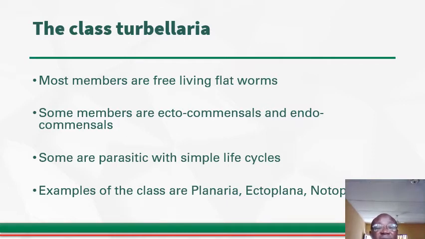Commensalism is a type of association between two organisms where no one is losing, and one may be benefiting from the association. Then there are some that are parasitic with a simple life cycle, but very few of them. We have typical examples of the class Turbellaria, such as Planaria and Ectoplana.